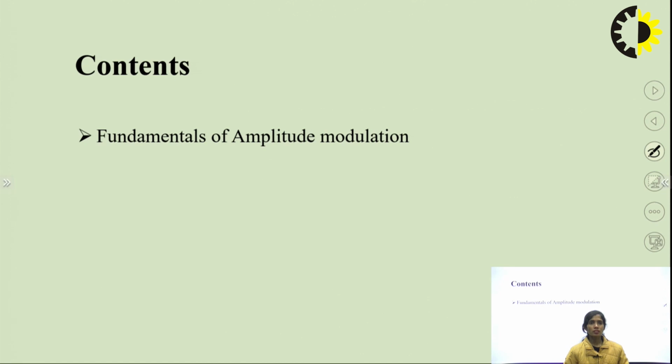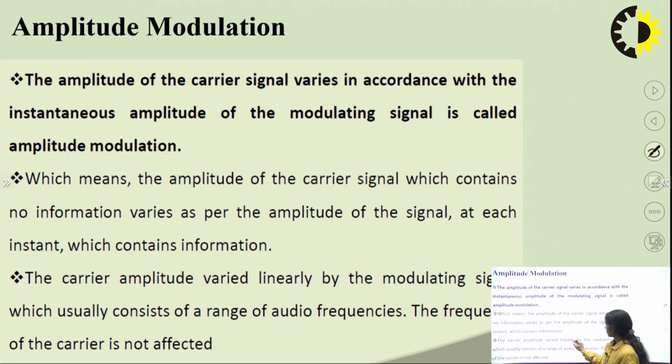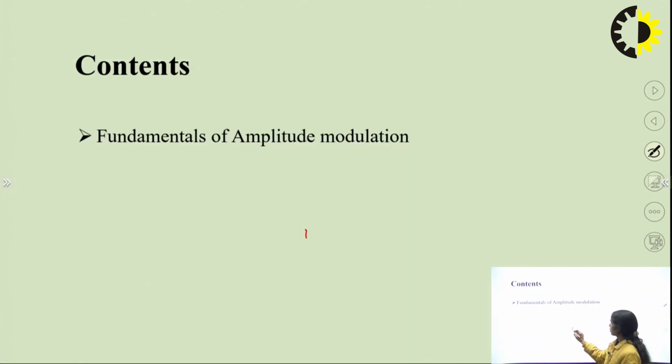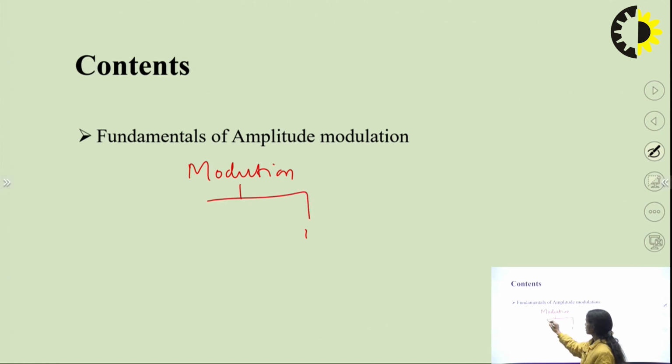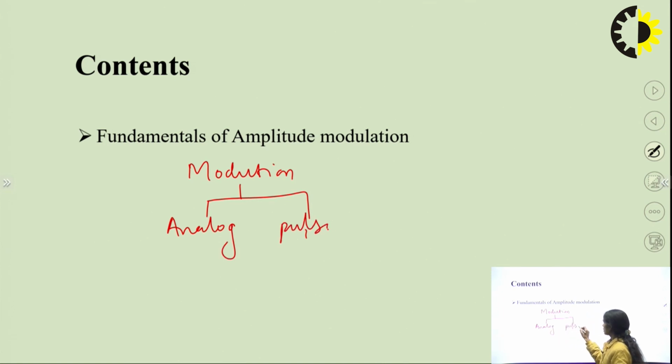In earlier lectures, we discussed the modulation techniques. We have already studied that there are different modulation techniques. Modulation is basically of two types: one is analog modulation and the other is pulse modulation. This is the category of analog modulation.